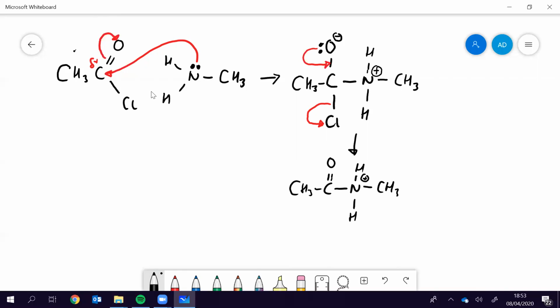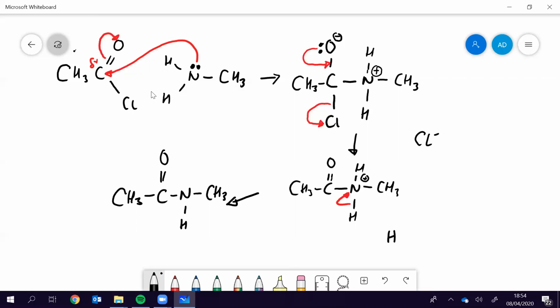In reality, that hydrogen will be picked up by an amine. It's perfectly acceptable to show it here, just dropping off by itself. So that goes back into there, and we have now formed this. At this point we get a Cl minus coming off, and at this point we get an H plus. So we're eliminating HCl effectively.